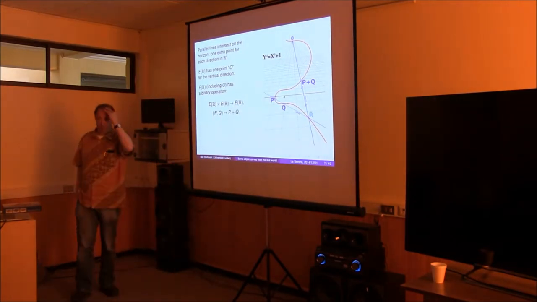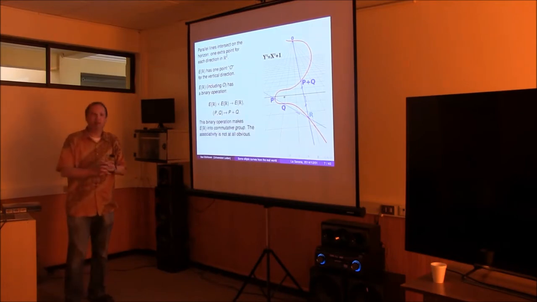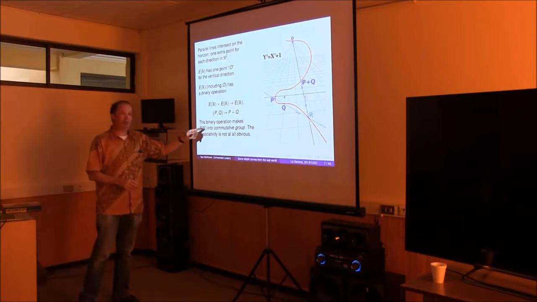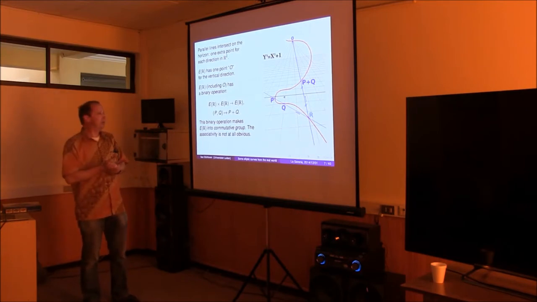And the marvel, the miracle is the following, that this operation makes this set of real solutions, of real points of the elliptic curve, into a commutative group.